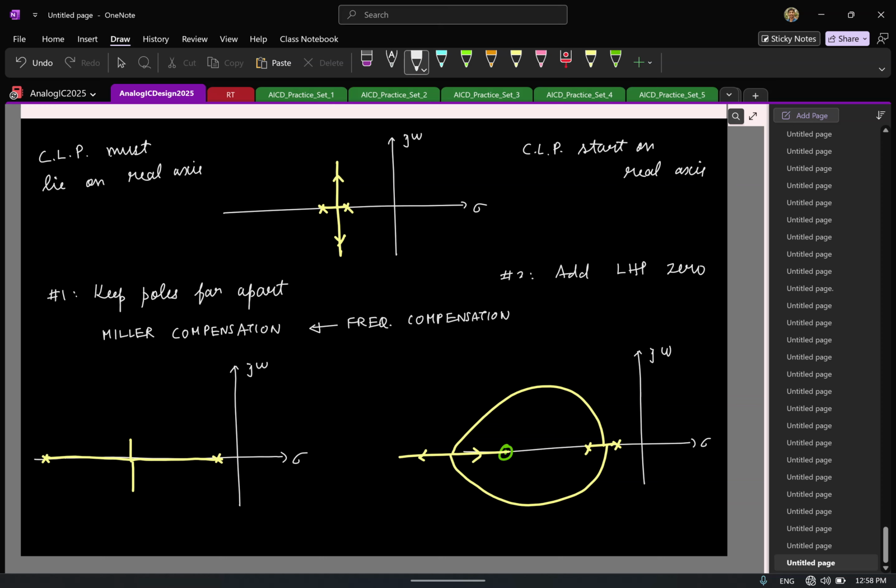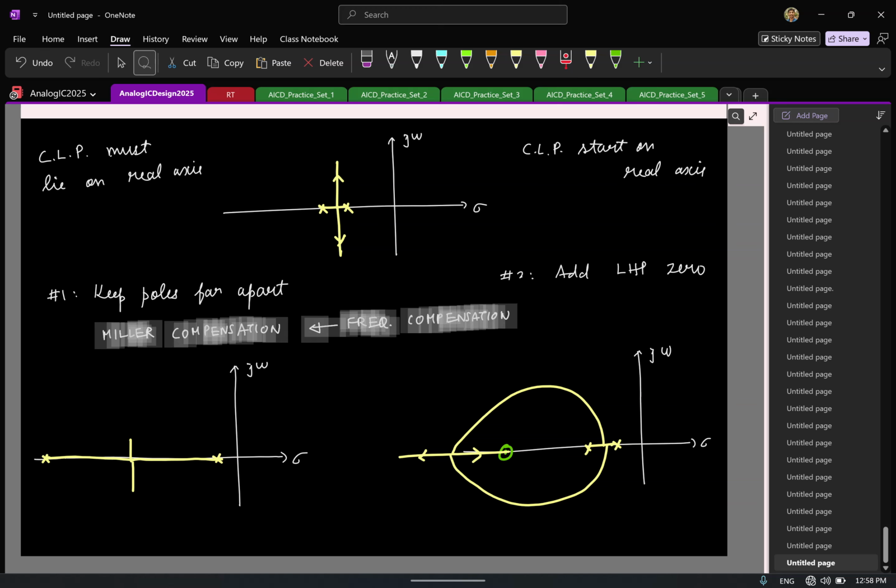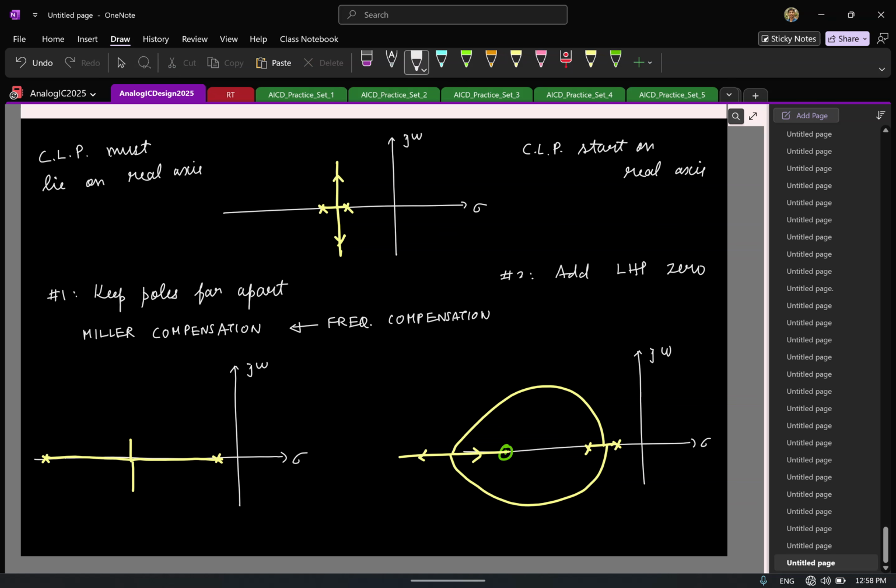So this act of adding zeros and making it stable is called feed forward compensation. So these are the two schemes that we will discuss in this week.